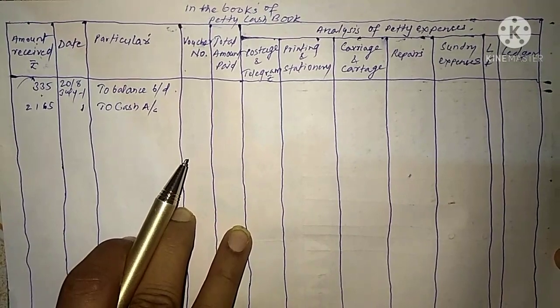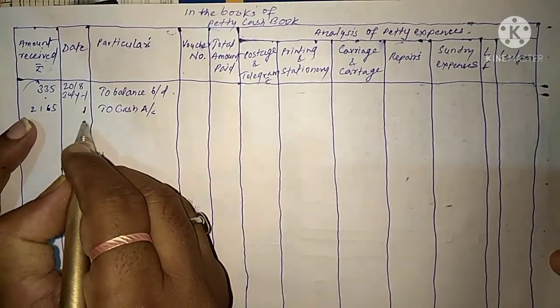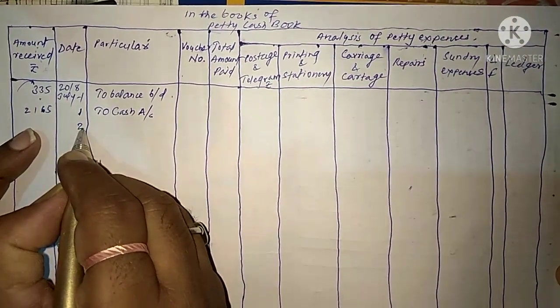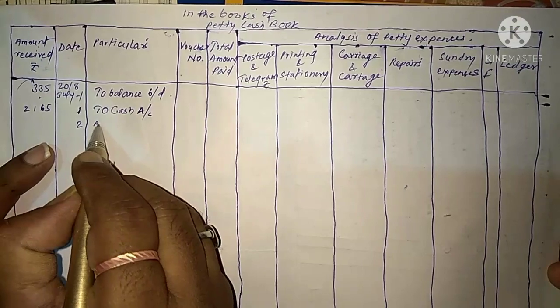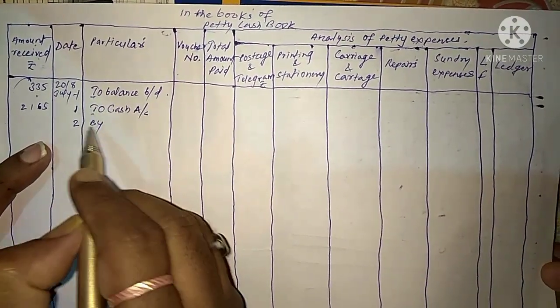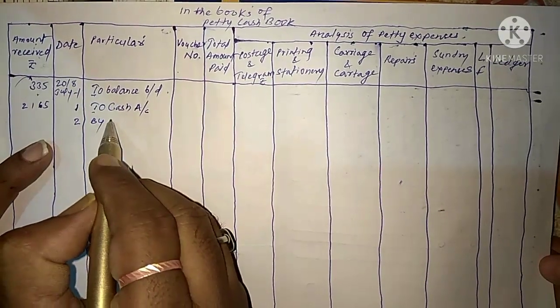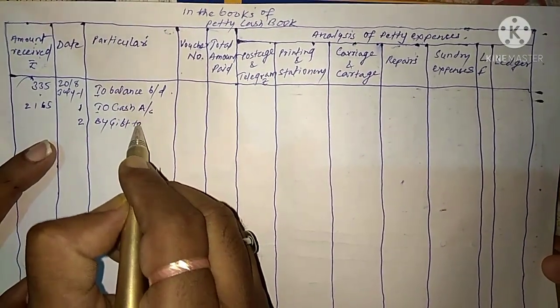This is the payment. So in particular we have to write by gift to clerk. For payment we have to write by, and for receipt we have to write to. So by gift to clerk.